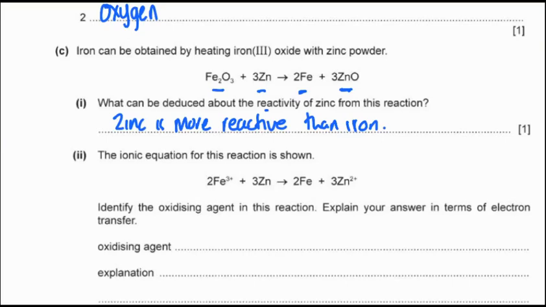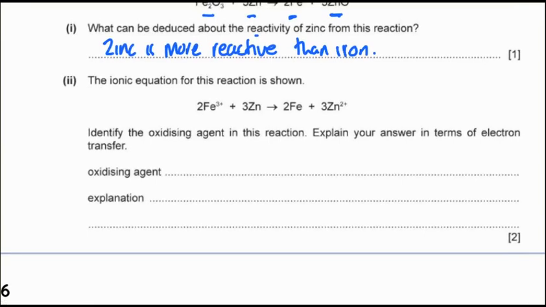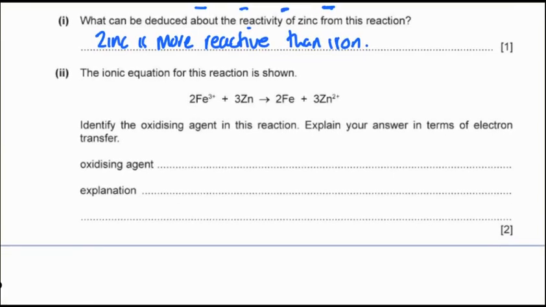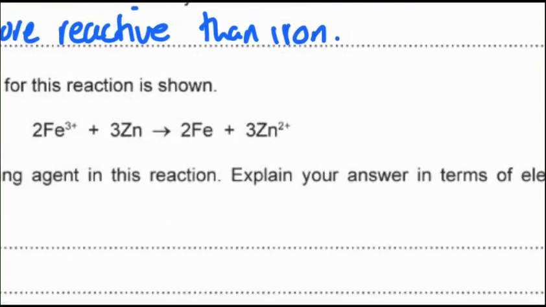The ionic equation for this reaction is shown. Identify the oxidizing agent in this reaction and explain your answer in terms of electron transfer. So the easiest way to sort out this question is to look at the oxidation states. Iron has gone from 3+ to iron as 0.